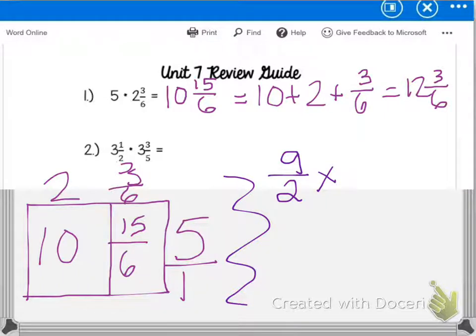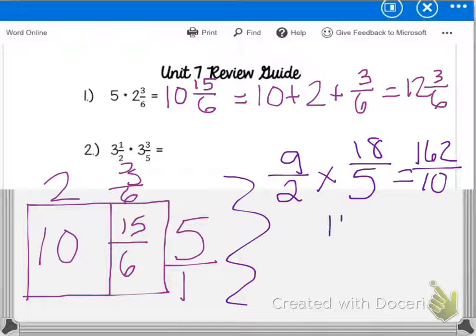Add my numerator is 18. Nine times 18 is 162, and 2 times 5 is 10. So we know 10 goes into 160 16 times. And then I'm going to have 2 left over.